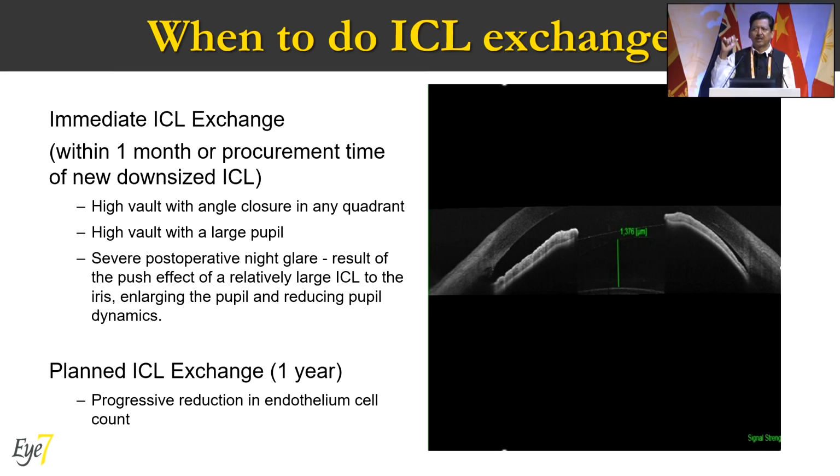And that is when people with large pupils will have a lot of glare even during the day. So in such cases where the pupil is becoming large, with severe post-operative night glare, even at daytime he could be having a lot of glare, it warrants a lens exchange.